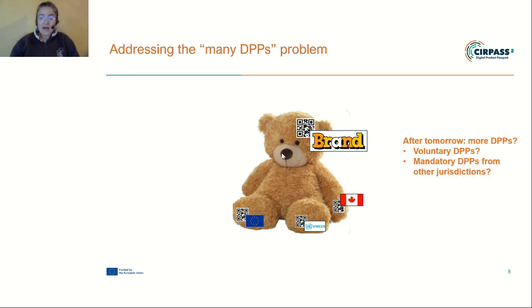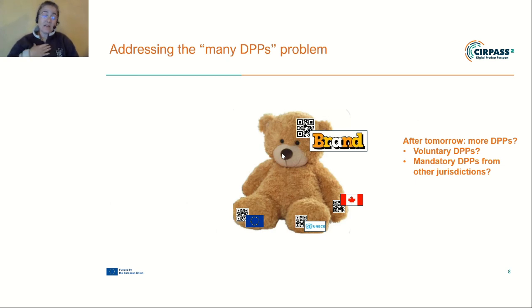But what we see now is that there are other voluntary DPP schemes, for example, being developed by UNECE, and we are more and more seeing other states looking into mandating DPPs for certain product categories.